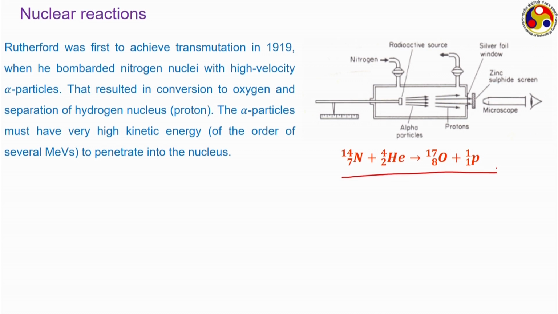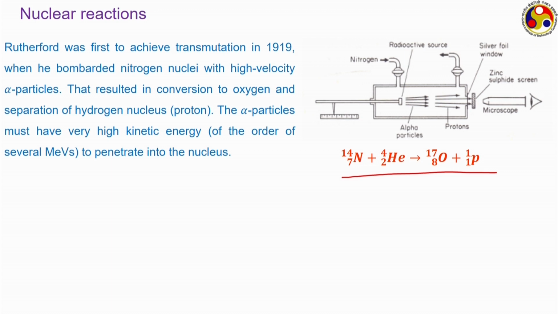Actually, this is the experiment by virtue of which he proved the existence of protons as well. This particular nuclear reaction is given by this famous form, where we have nitrogen and helium nucleus, which is the alpha particle as was mentioned in the previous lecture, and on the right hand side we have an isotope of oxygen, O17, plus a proton.